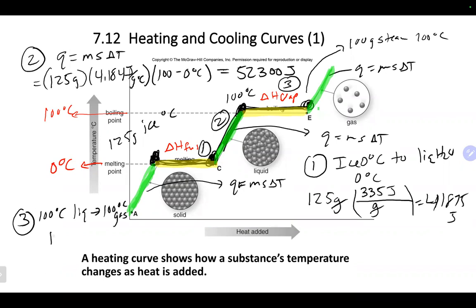So we'll use our 125 grams, our heat of vaporization, 2260 joules per gram. And we will end up with 282,500 joules.